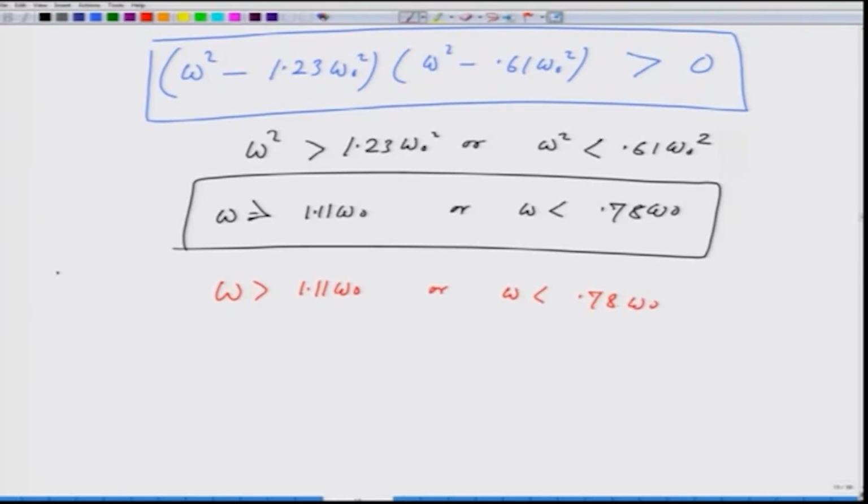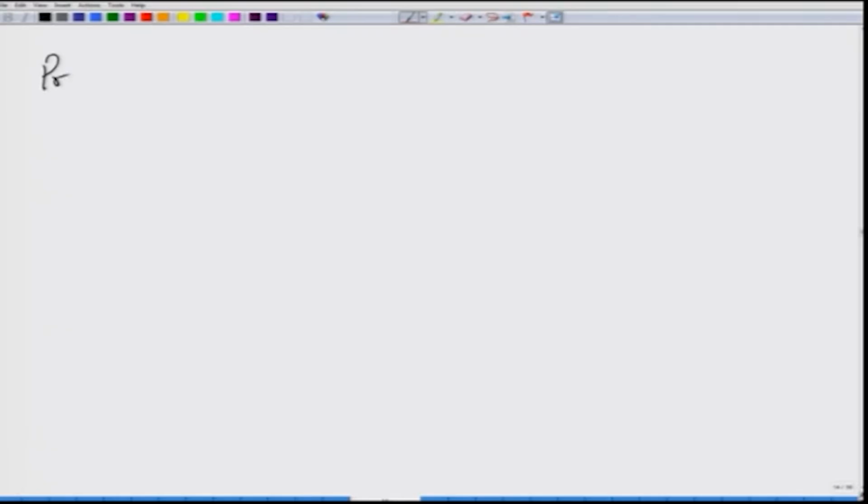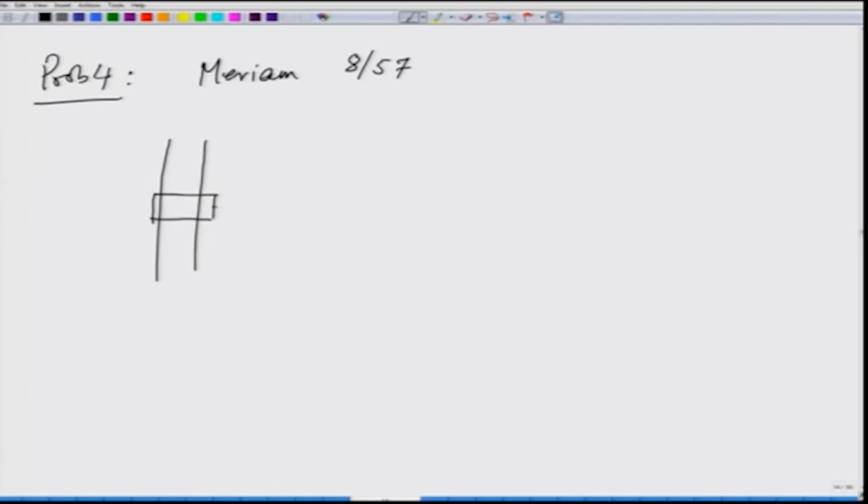The final problem, problem number 4, is also taken from Merriam, and it's problem number 857. What it has is there is a beam on which there is a collar on which we put 2 rods, and at the end of these there are 2 masses of 0.5 kilograms on both sides.